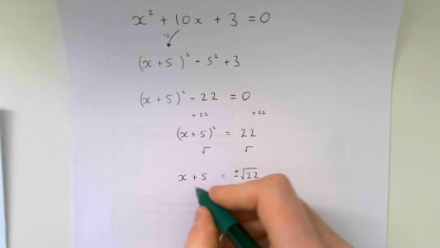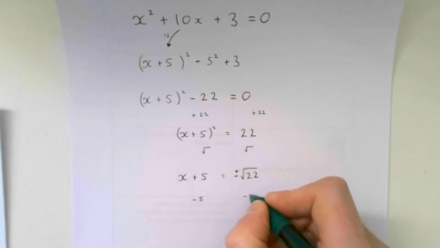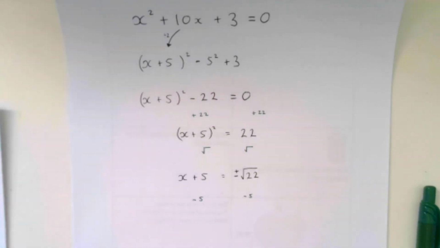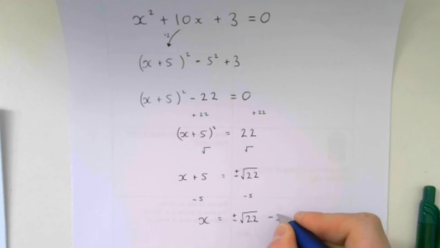The final step is to remove the plus 5 in this case, so we're going to subtract 5 from both sides. So that's going to end up with leaving us with x on the left hand side, so x equals plus or minus the square root of 22 and then subtract 5.